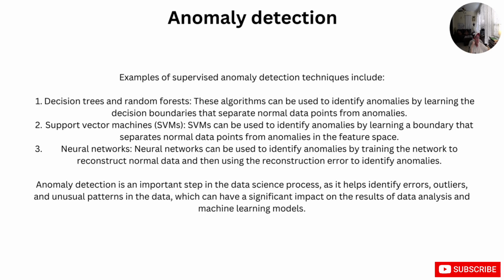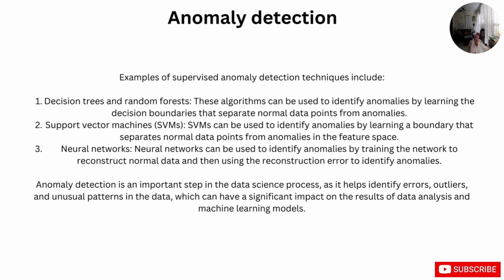SVMs can be used to identify anomalies by learning a boundary that separates normal data points from anomalies in the feature space. Number three, neural networks. Neural networks can be used to identify anomalies by training the network to reconstruct normal data and then using the reconstruction error to identify anomalies.